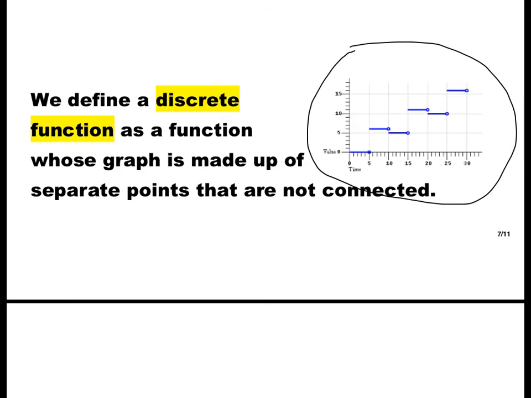When you graph this type of function, you get what we call stepwise functions. Like a stairway that has steps, these functions have something very similar to steps, like the graph you see in front of you. In these graphs, there are separate points that are not connected.